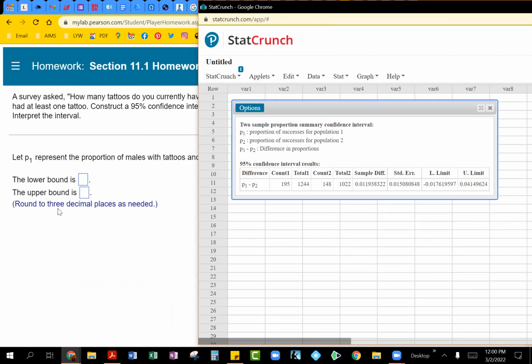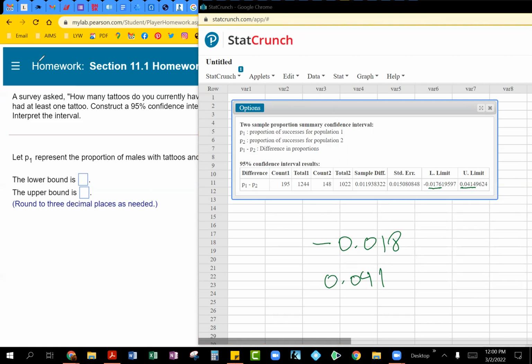So this guy will be, let's see, 3 decimal places. So lower bound would be negative 0.0176, which will become negative 0.018. And then for the upper bound, again, you have 0.0414, so it will just stay at 0.041.